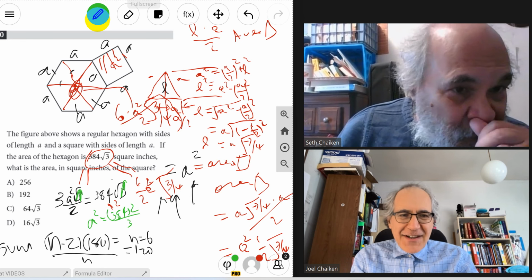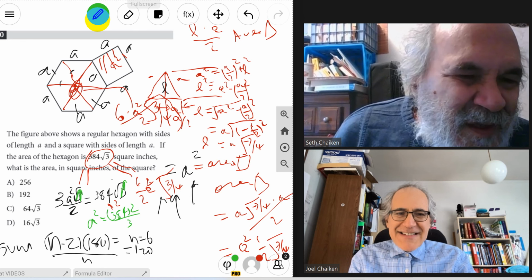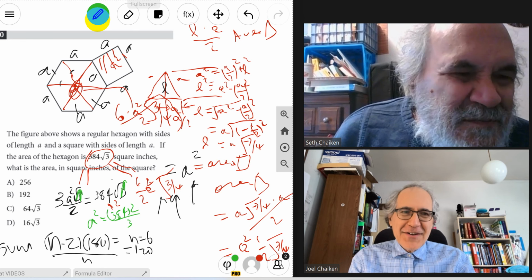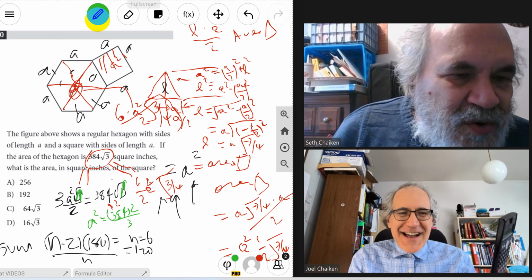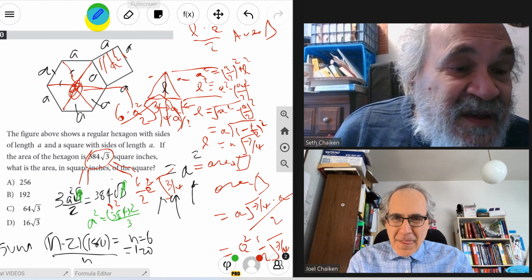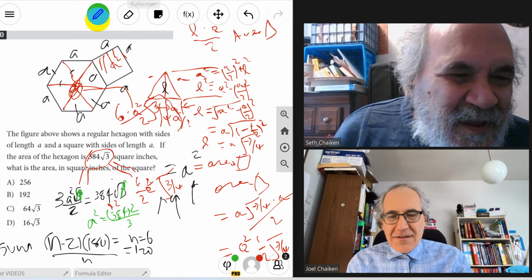Everyone has a calculator. Something's wrong. No, it's not. What's wrong is that you're not using your calculator. This isn't an integer. It is. 384 divided by 3 is 128.